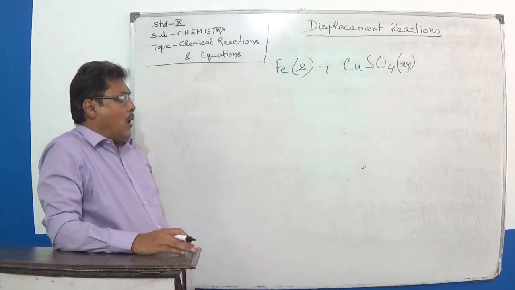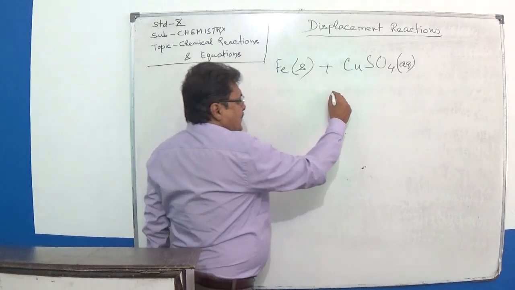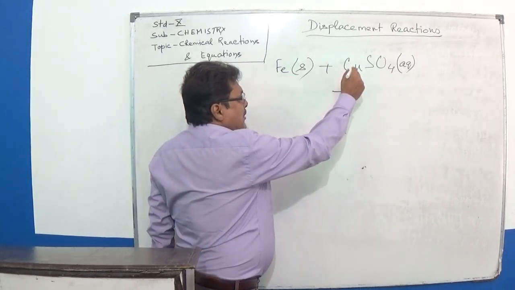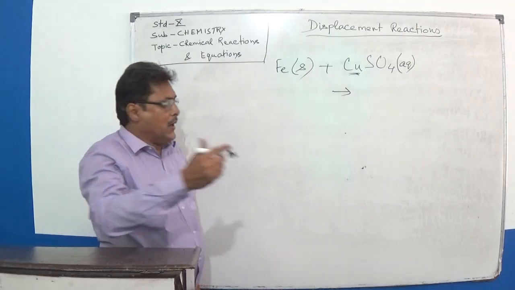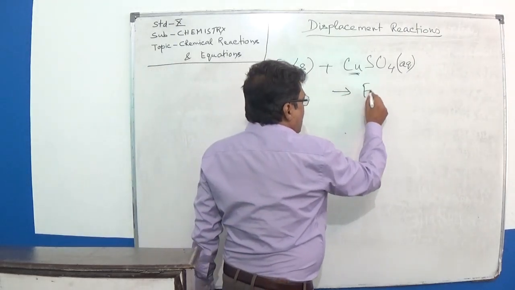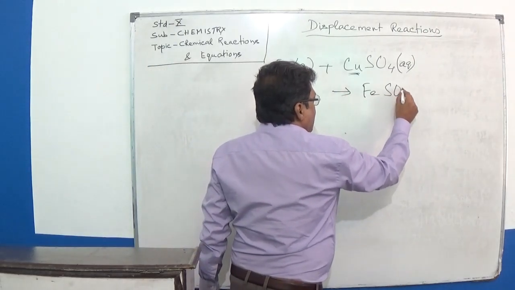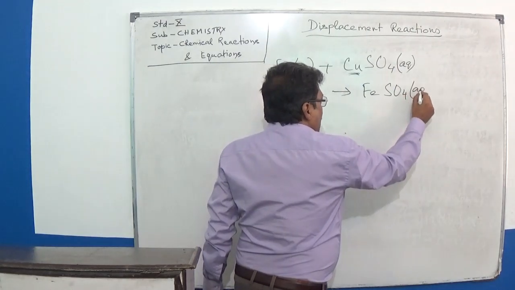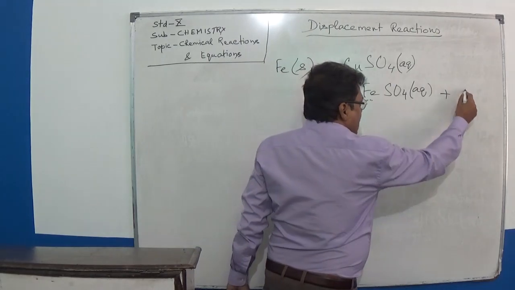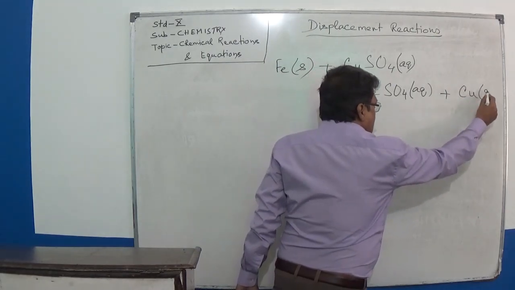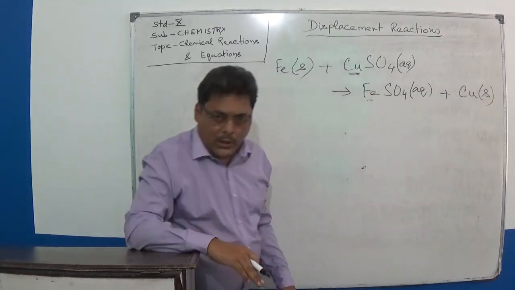So what will result is that ferrum will displace this copper from its compound and form the sulfate solution by itself. It has replaced, and this copper becomes solid.